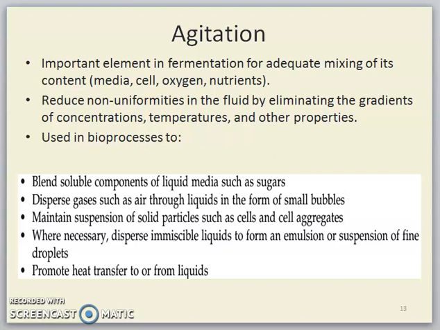By using this agitation, we can maintain the suspension of solid particles such as cells and cell aggregates, where if it is necessary, it may disperse the immiscible liquids to form an emulsion or suspension of fine droplets, and this agitation also can promote heat transfer to or from the liquid.